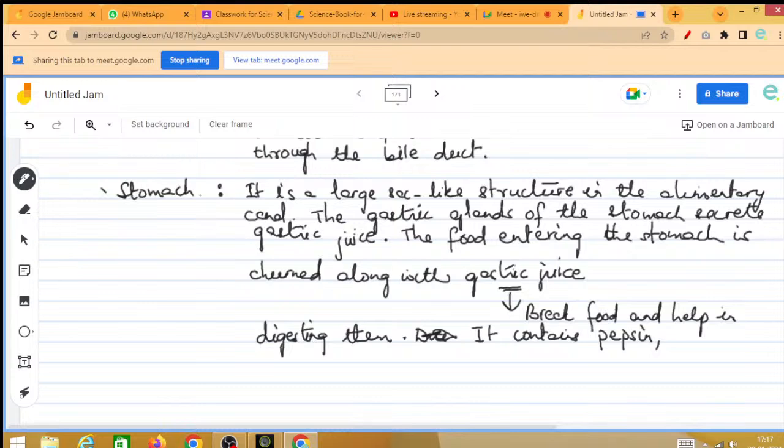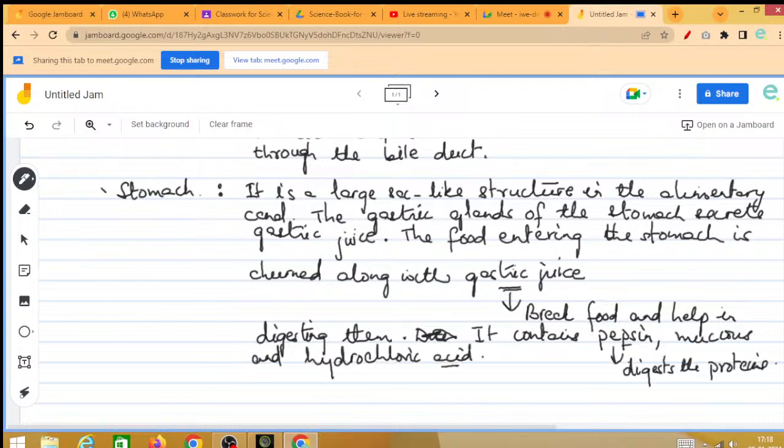So this hydrochloric acid and pepsin break proteins. Actually, pepsin digests the proteins. And because it is digesting the proteins, food is becoming smaller and smaller. Hydrochloric acid also dissolves it further.